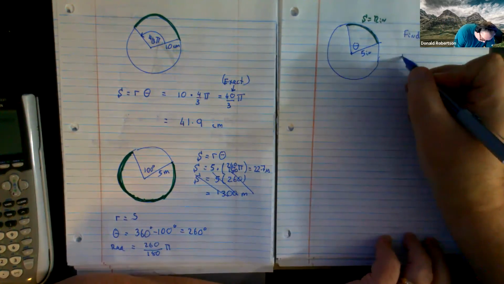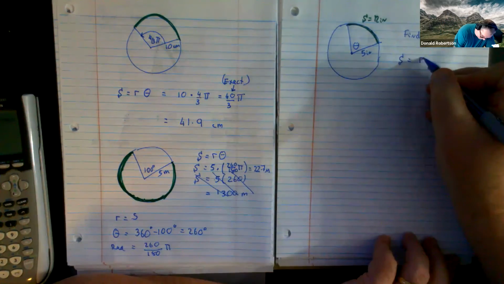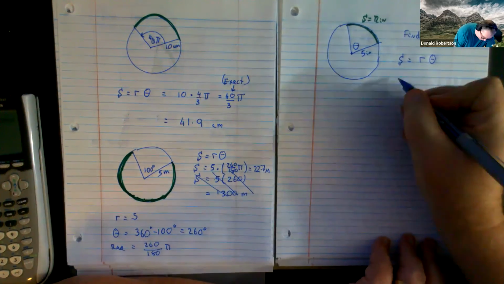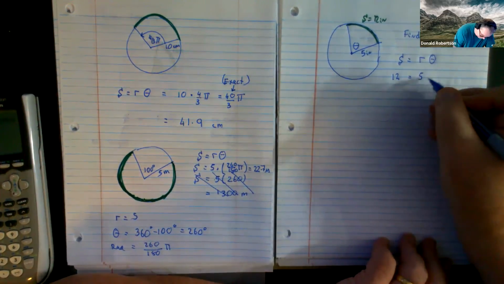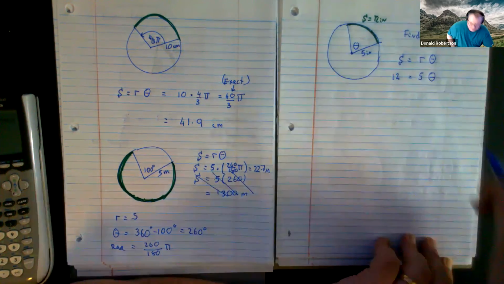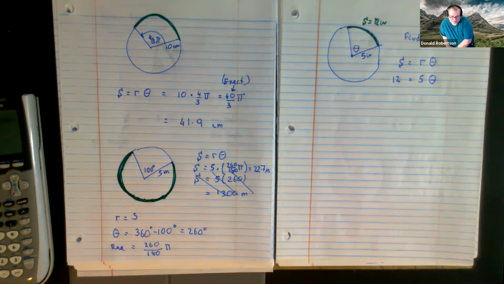So you begin with your formula. You know 12 goes there, you know 5 goes there, and you're trying to find theta. Can you see that you're using the formula, but aren't we using it in a kind of equation way? Aren't we trying to solve for the missing theta?